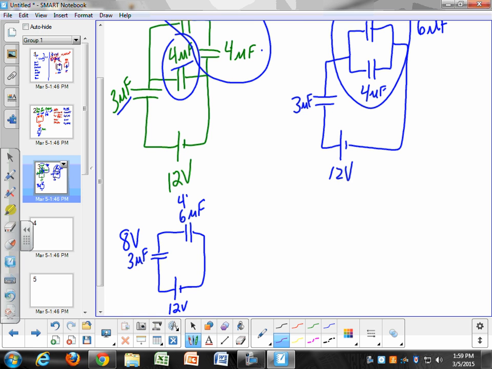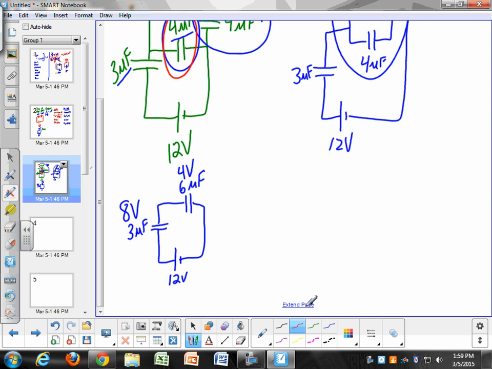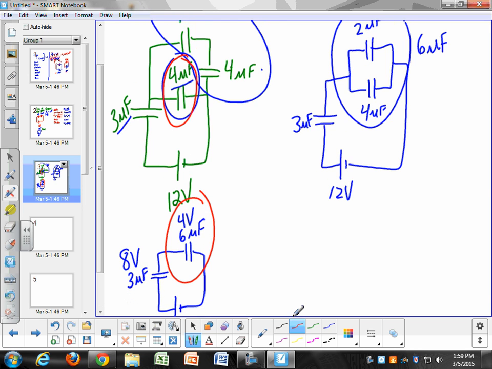And I'm looking for the voltage here. So if I have 4 volts on this capacitor, I also have 4 volts here and 4 volts here. Recognizing that this 4 microfarad capacitor is the same as this one, the answer is 4 volts.